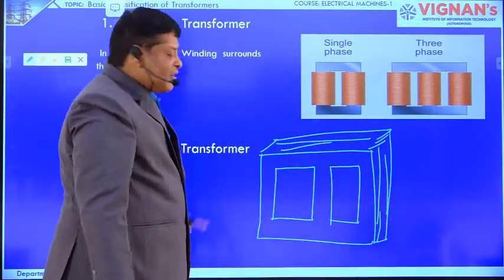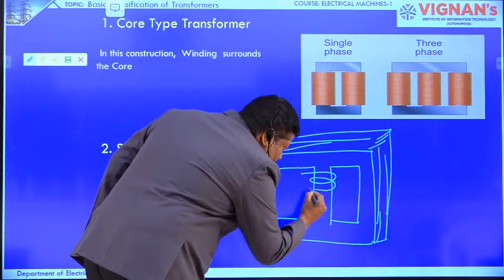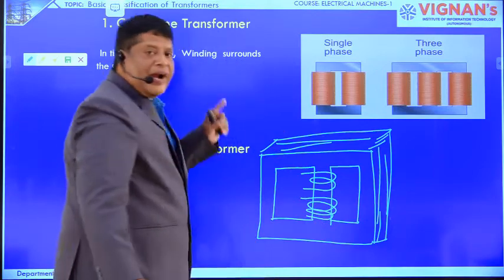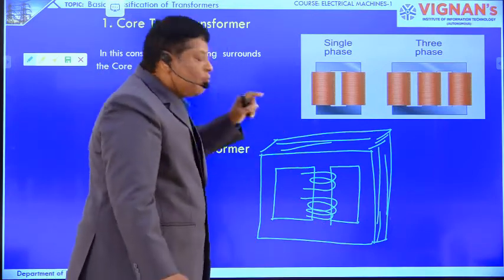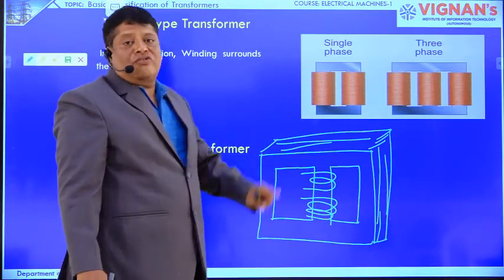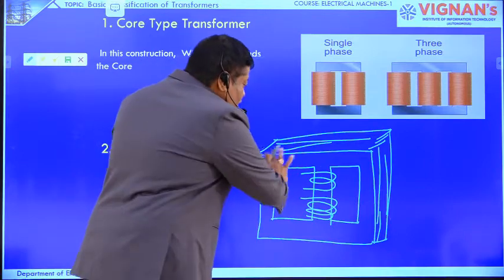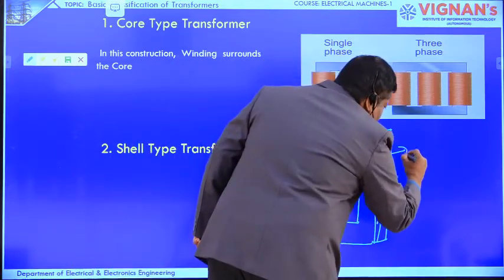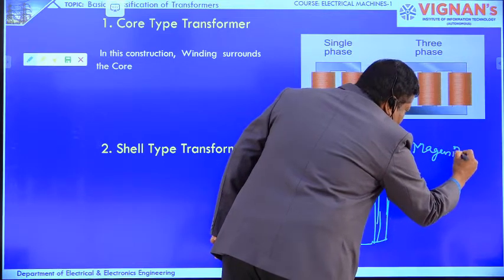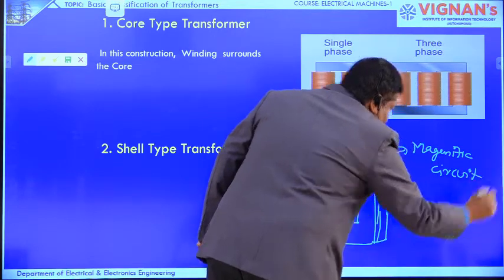But in this case, this is the primary winding, and this is the secondary winding. Both windings are placed only on the middle limb, in the case of a single phase shell type transformer. If you see, this is the core, this is the magnetic circuit.